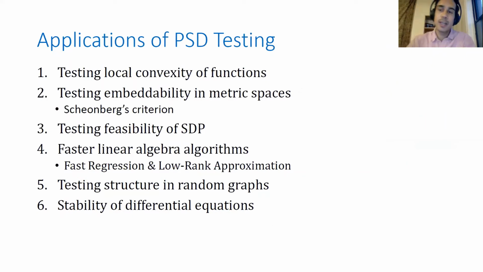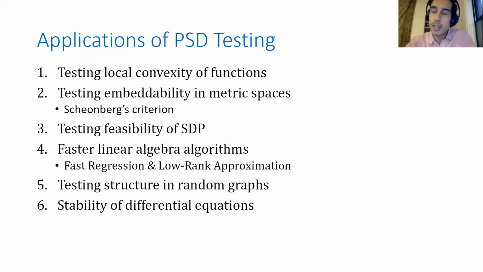Okay, so why would we want to test whether a given matrix is PSD? It turns out that this is a rather ubiquitous problem in computer science, and it shows up in a number of places. For example, testing whether a twice differentiable function is locally convex at a point is the same as testing whether the Hessian is PSD. Similarly, testing whether a finite metric is embeddable into Euclidean space is known to reduce to testing whether a given matrix is PSD.